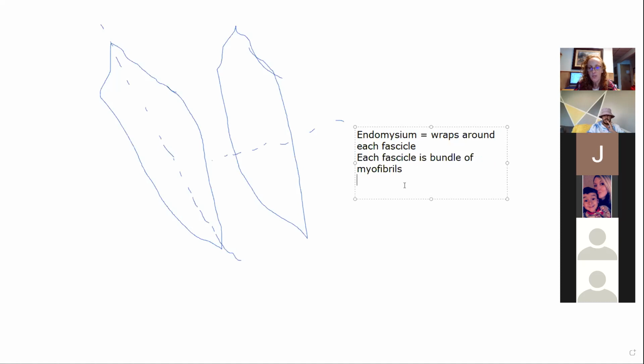Each myofibril is a bundle of myofilaments.